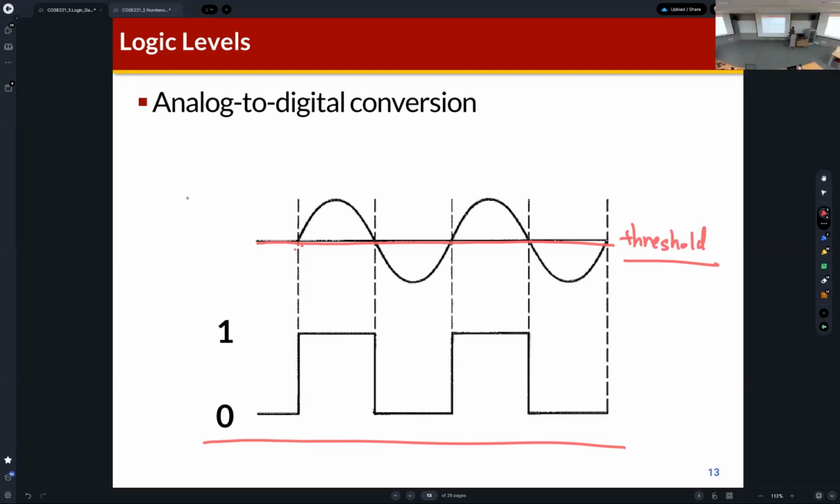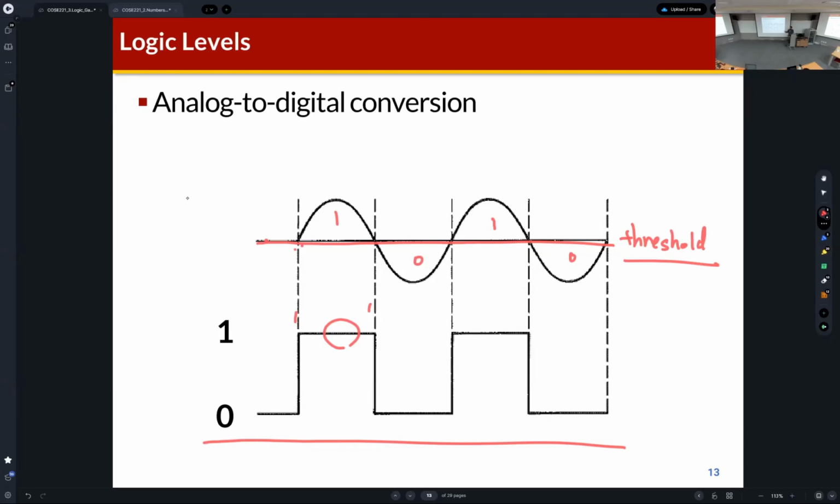When a certain value is higher than the threshold level, we define this as 1, and otherwise 0. It's very simple. So we can represent this analog signal as this digital signal. During this period, the value of this signal is 1, and during this period, the value of this signal is 0.